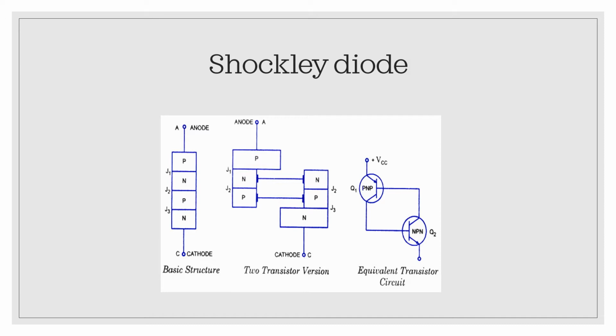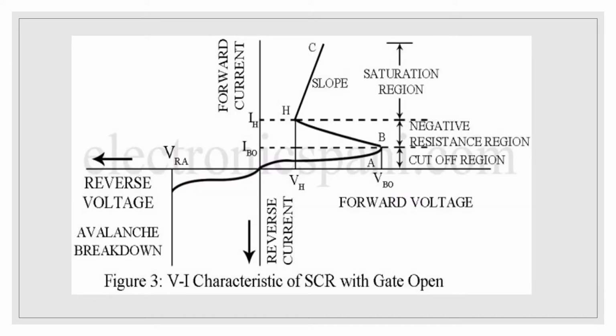As I have mentioned in an earlier lecture, it is analogous to two transistors, that is PNP and NPN transistor, and so here is the equivalent transistor circuit containing both the PNP and NPN transistors. Now this is the actual IV characteristic which we get after the operation of the PNPN diode.